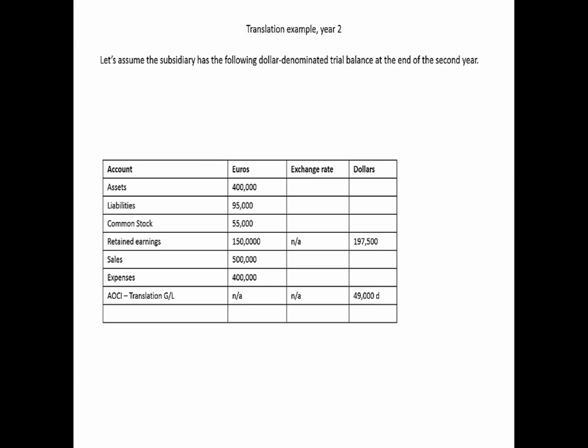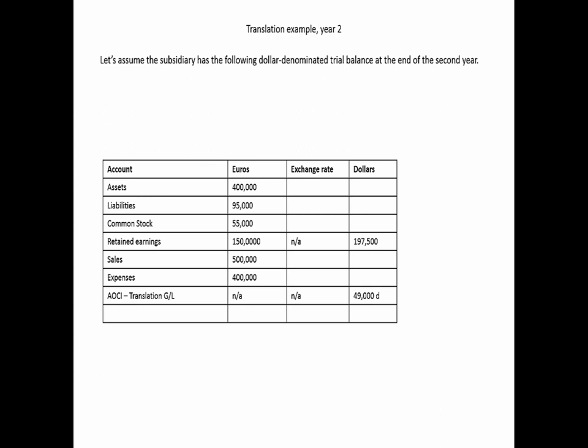On the balance sheet, we want to show the parent's beginning accumulated other comprehensive income plus other comprehensive income for this year, equaling the parent's ending accumulated other comprehensive income.